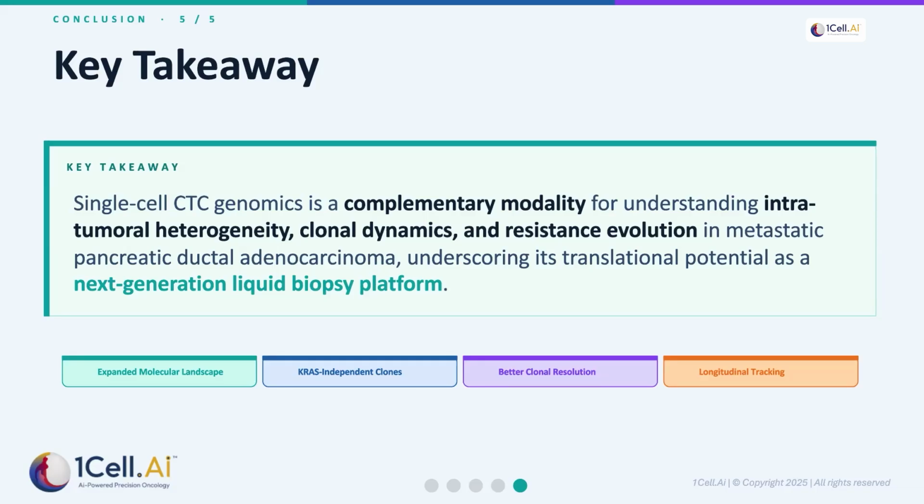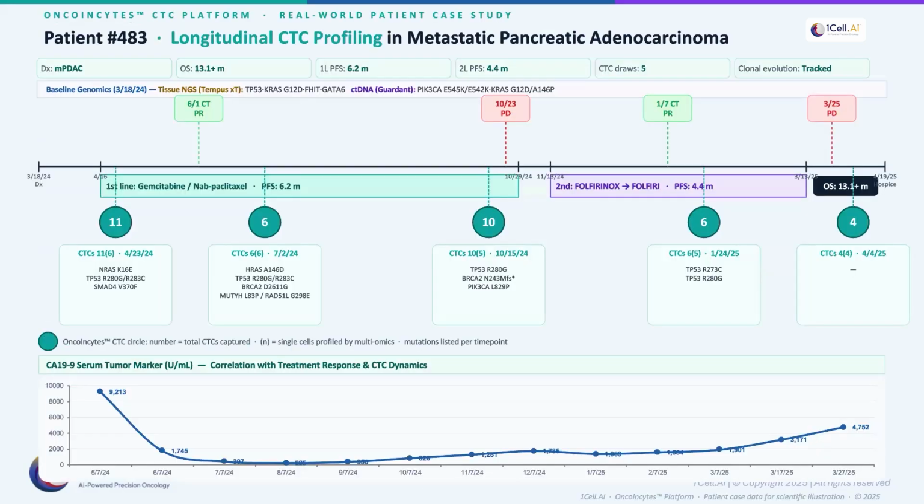It gives us a window into an expanded molecular landscape, into clones that might be losing key drivers like KRAS, maybe replacing them with other drivers, maybe not, gives better clonal resolution, and really allows longitudinal tracking of what is happening in an individual patient with treatment.